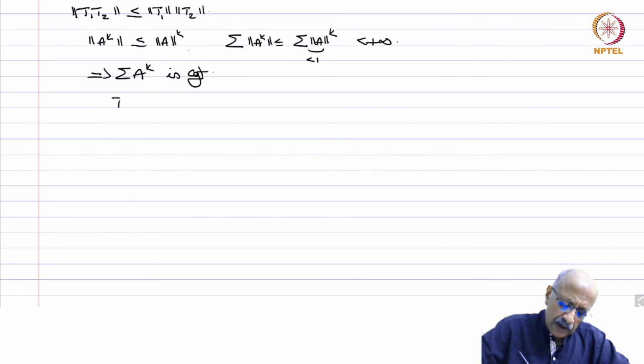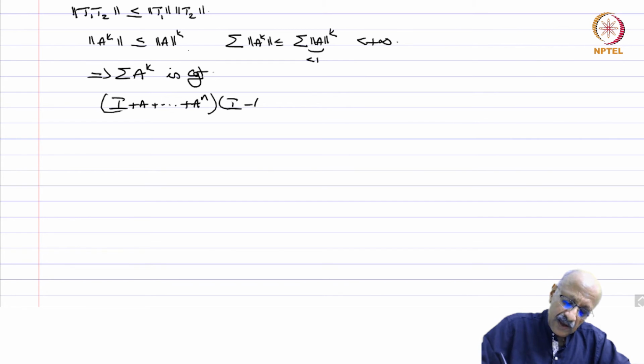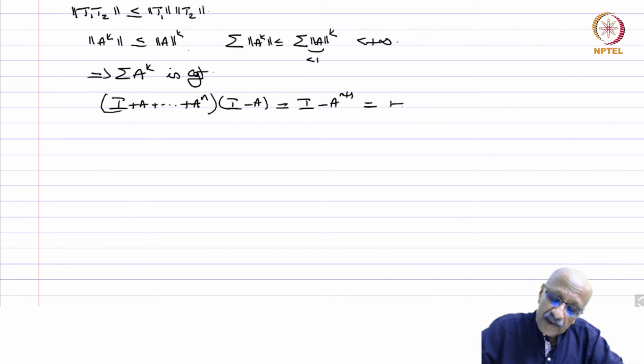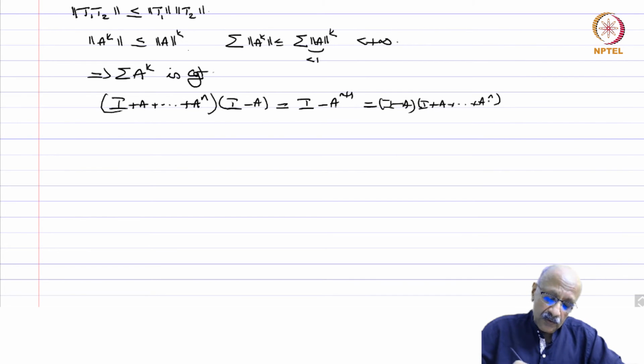So now you look at (I plus A plus and so on up to A to the n) into (I minus A). If you expand this out, this turns out to be I minus A to the n plus 1, and this is also equal to (I minus A) into (I plus A up to A to the n).